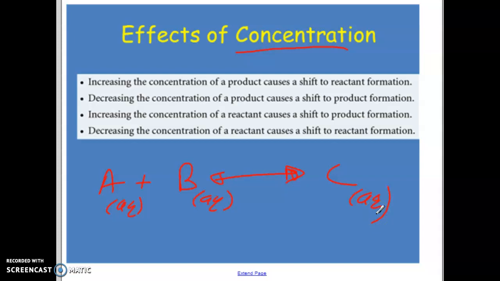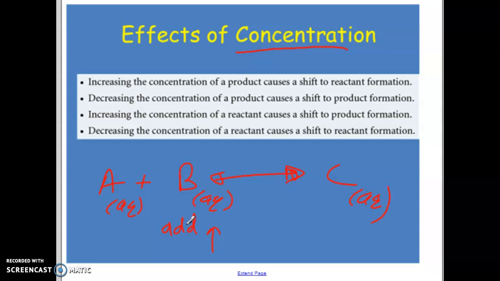So by us causing a change to the rate, it actually wants to combat that change. Let me give you an example. Let's say we have this in equilibrium, and all of a sudden we're going to add in more B.